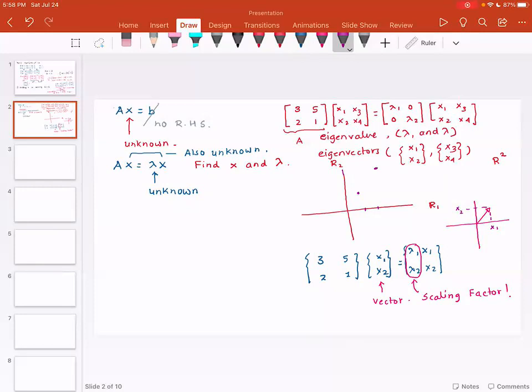When this eigenvector multiplies this matrix, what you get is a scaled version of the vector. So when the eigenvector multiplies the matrix, it gives you the scaled version of the eigenvector.